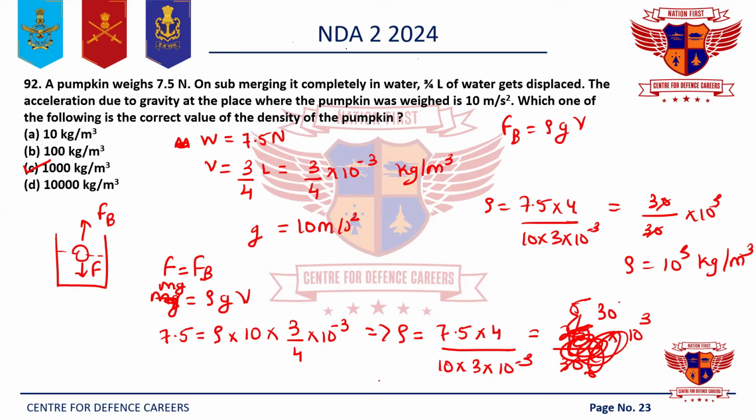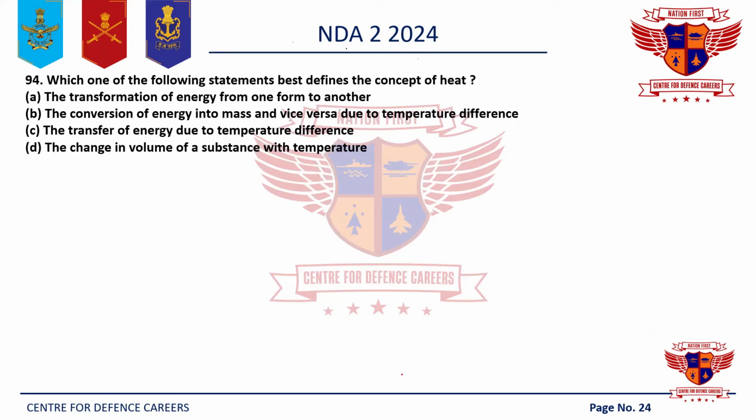Now moving on to the next question. Which of the following statements best defines the concept of heat? Heat always flows when there is a difference of temperature. We have discussed this in our class. So let's look at the first option. There is no transformation of energy when the heat flows. So option A is obviously eliminated. The conversion of heat into mass and vice versa.